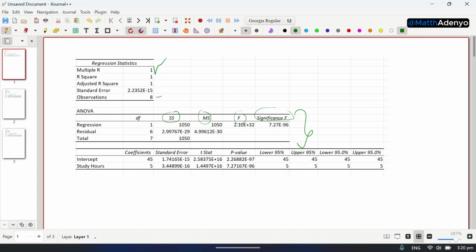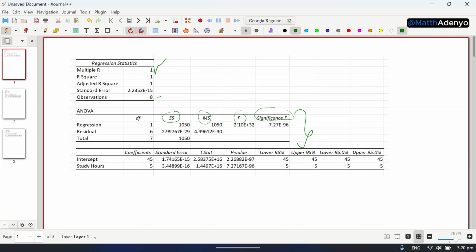And then the second SS, the first one is the regression SS, which is regression sum of square, that is RSS. And then the second one is residual. The residual also measures how well the regression model fits the data. So a very tiny one implies a negligible unexplained variation.